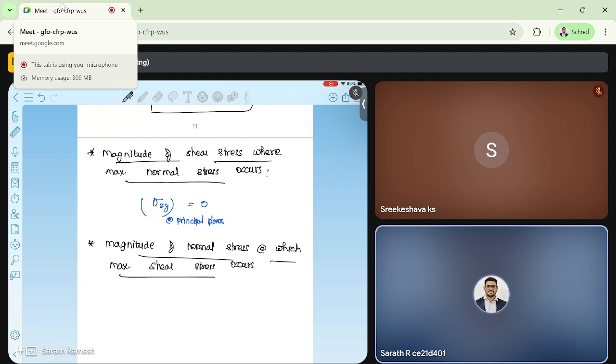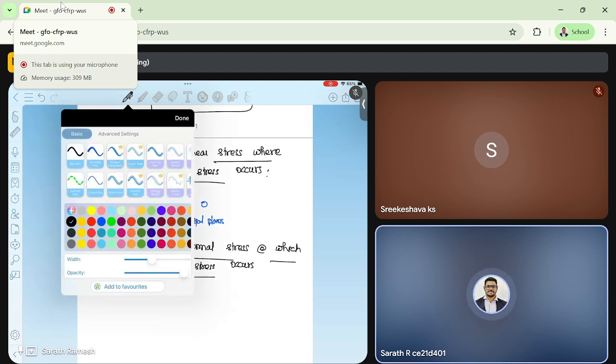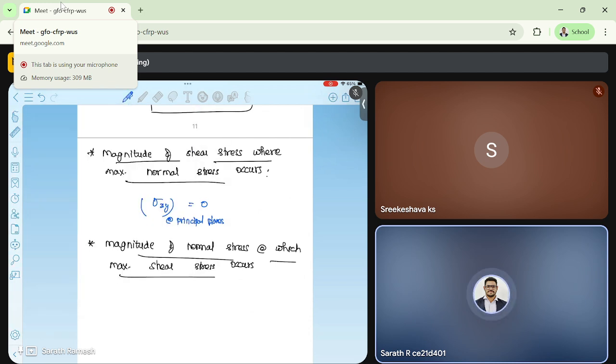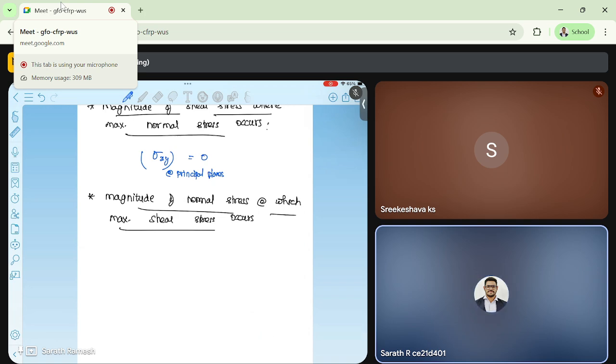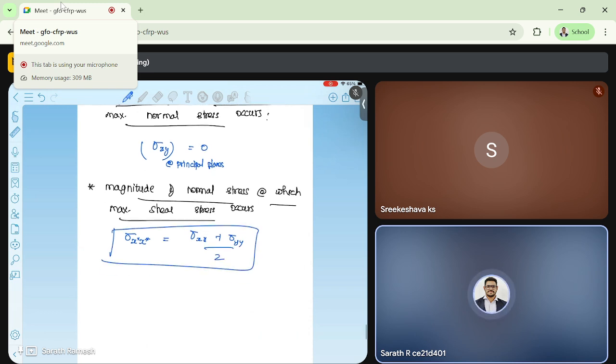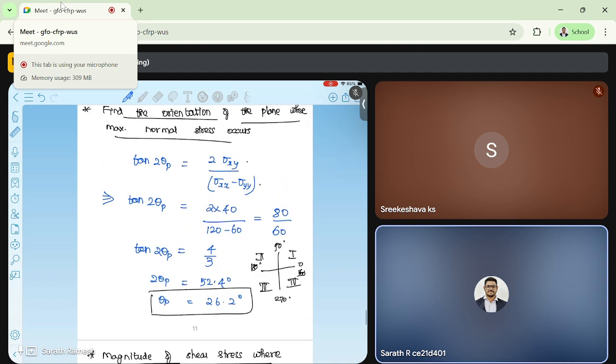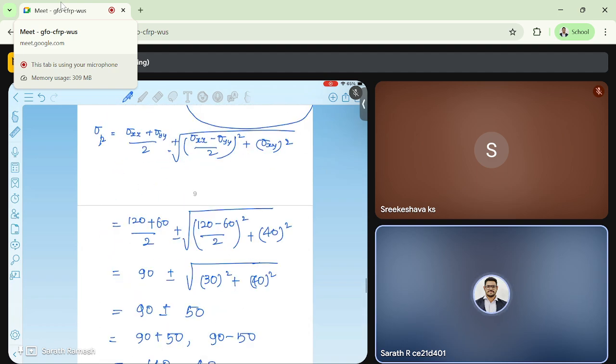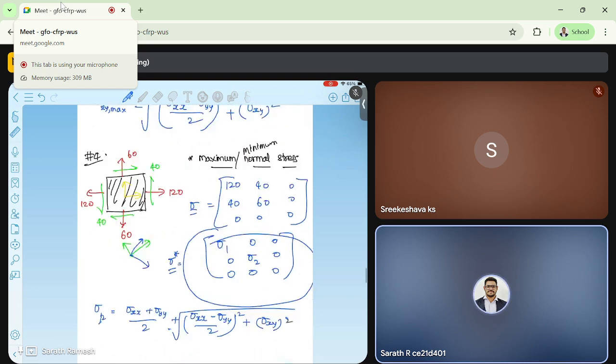This one, we already got the tan 2 theta s. When we substitute that in the sigma x expression, we get sigma x star as (sigma xx plus sigma yy) by 2. This is the formula. Now, in our case, sigma xx and sigma yy were 120 and 60.